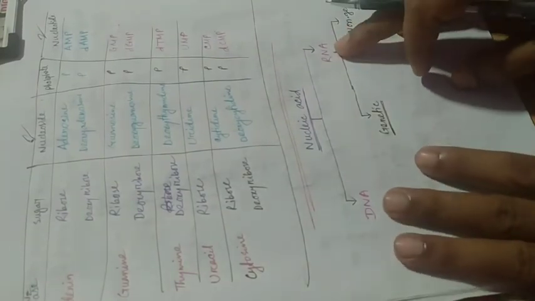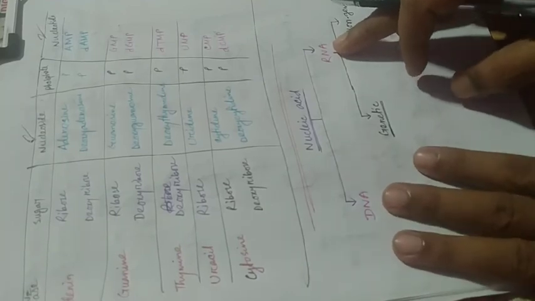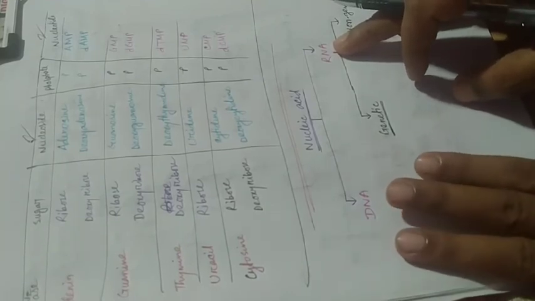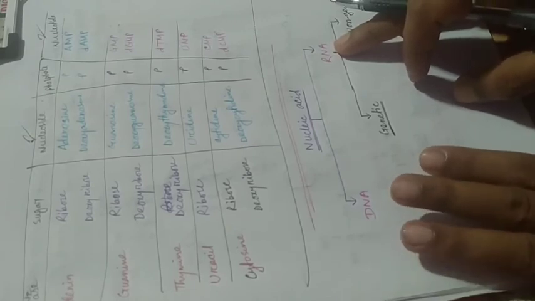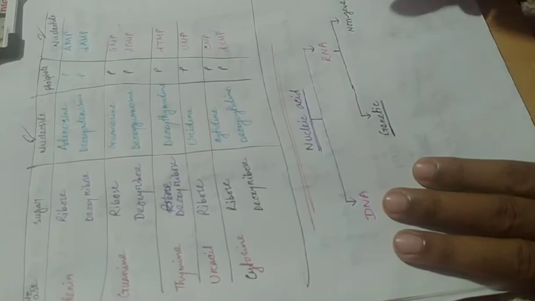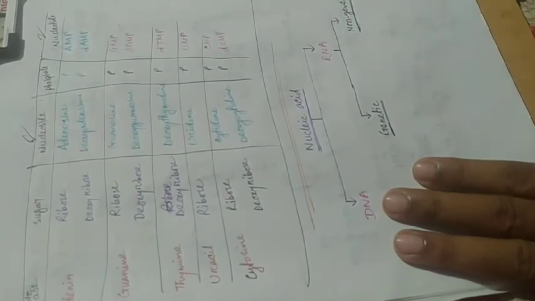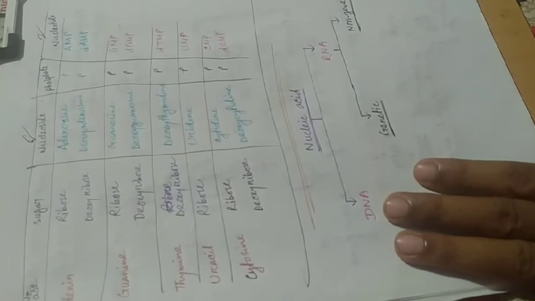If in an organism both the RNA and DNA are present, then DNA is the main genetic material. And then in an organism where the DNA is the main genetic material, their RNA acts as the non-genetic material.